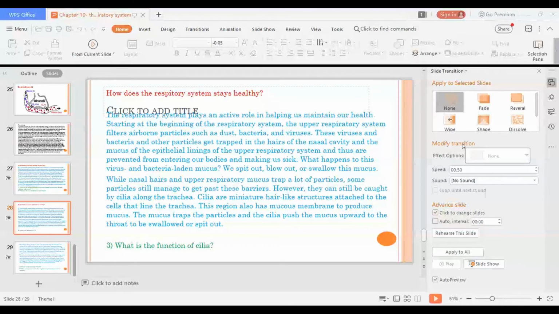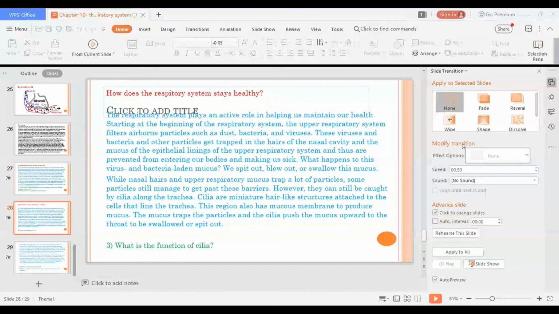The function is: cilia are miniature hair-like structures attached to the cells that line the trachea. Okay, so what is the function? How does cilia work? Can you read the first sentence from paragraph number 2?